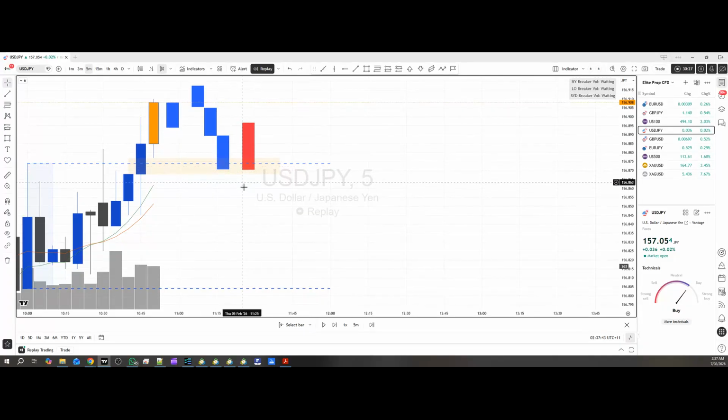And volume has to be low. This volume over here, this volume over here, and this volume has to be low. The lower the better, but the volume has to be low.